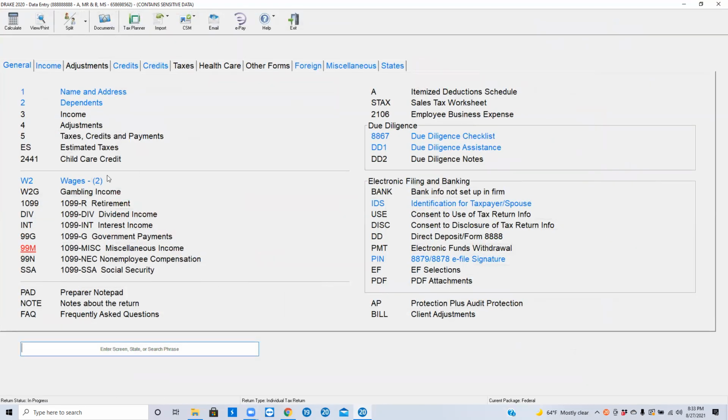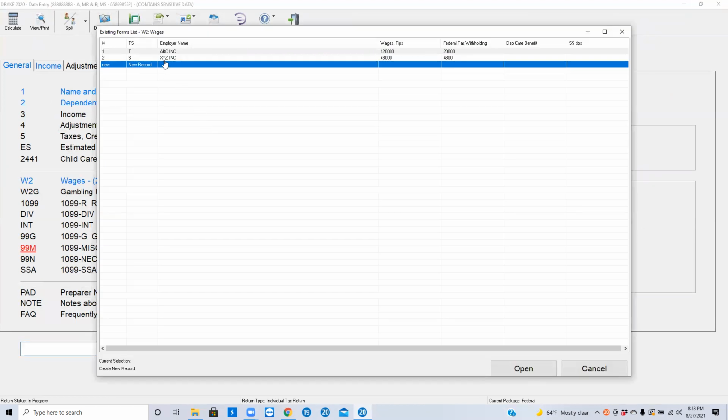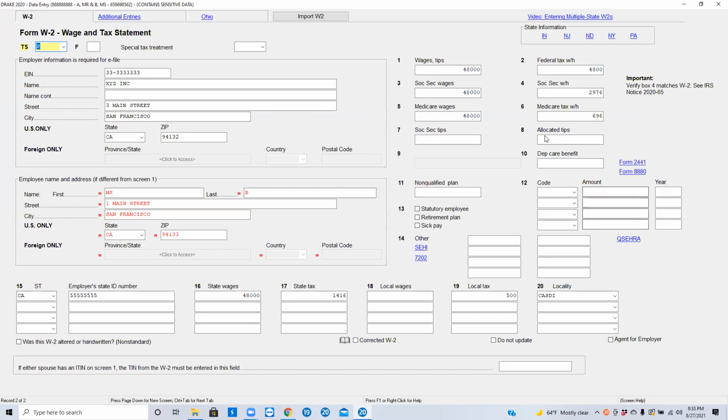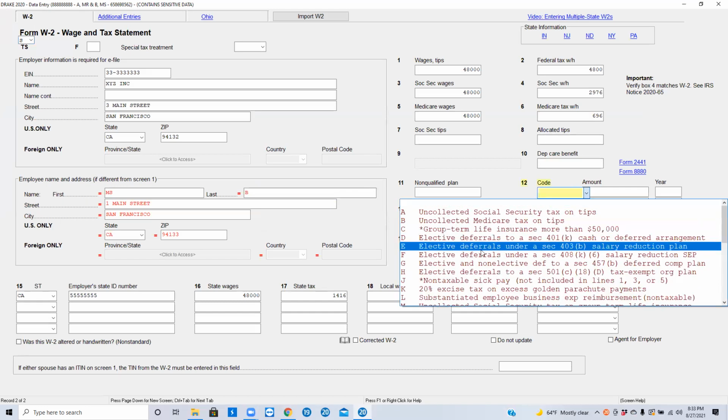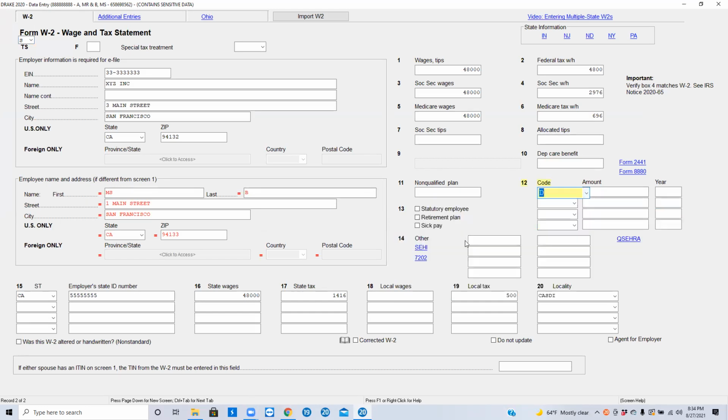Okay, now let's also assume the wife also participates with 10,000. So in this situation, the wife also participates in 10,000 of the 401k. So we're going to put the 10,000 401k in here.